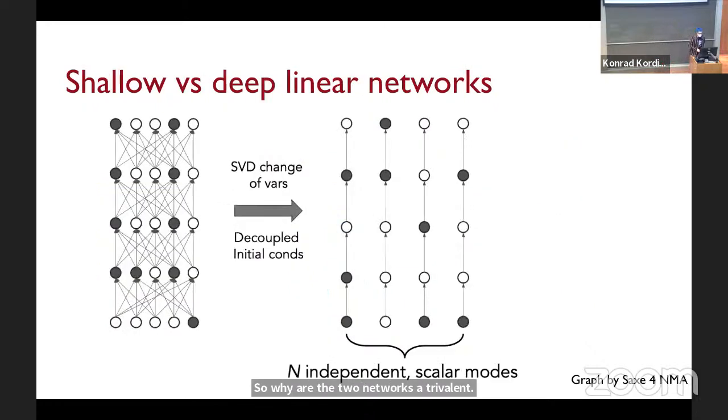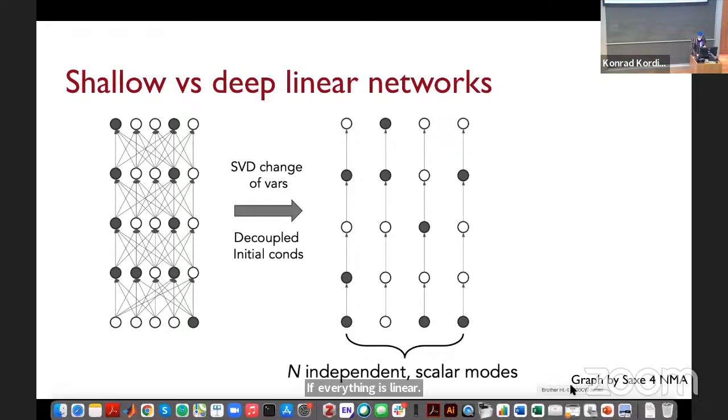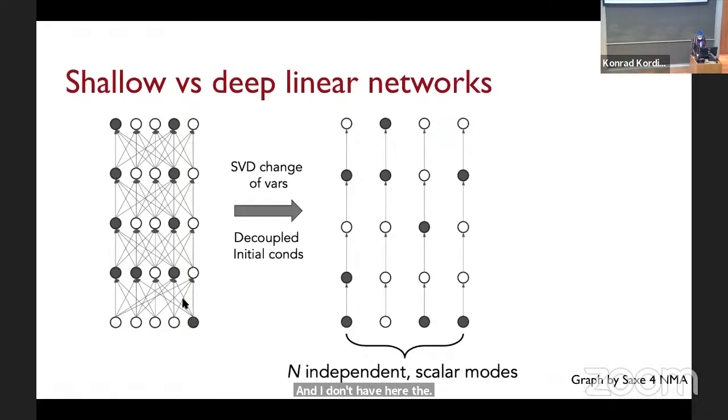Let's go back here. If everything is linear, then we have one matrix here, another matrix here, another matrix here, and another matrix here.